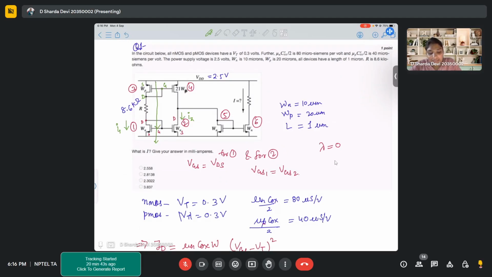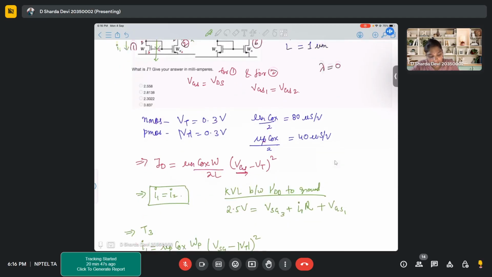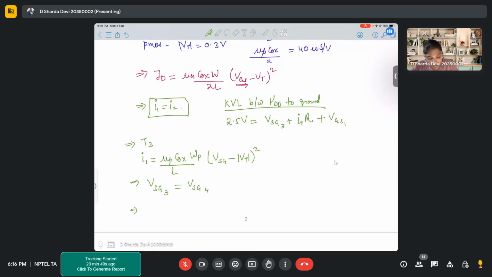So what will be the current that will be flowing through transistor 4? The current through transistor 4, let's say I4. T4 carries I4. So how do we write I4?